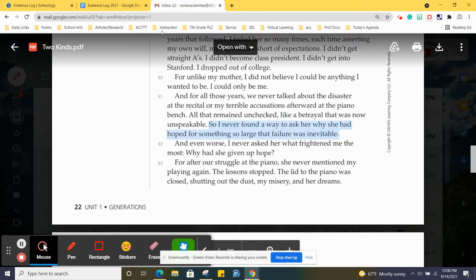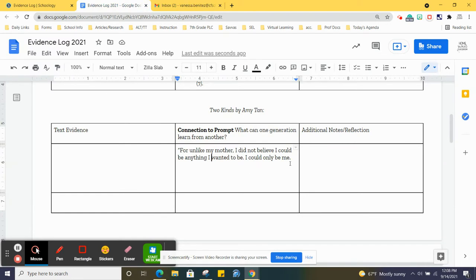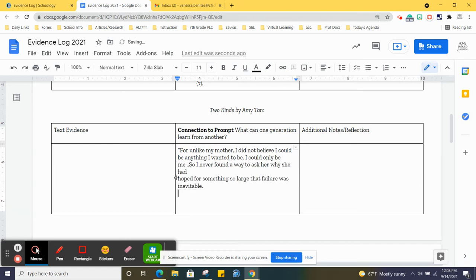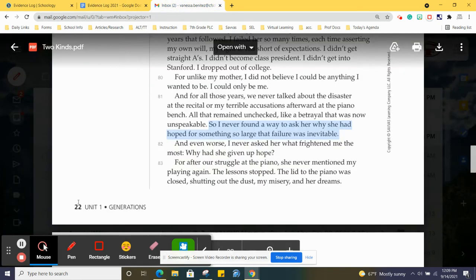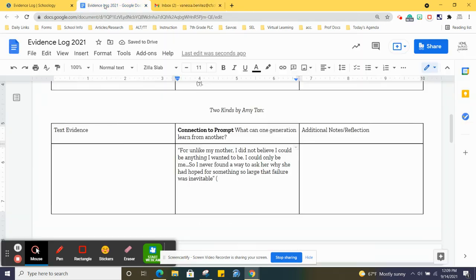Because they're not right next to each other, but they're within the same paragraph, we can do something called an ellipsis, which is a dot, dot, dot, to show that I'm not going to include all of it, but I'm going to include the next part of that paragraph, meaning that it continues. And then we put a quotation mark, parentheses, the page that we found it on, which is page 22, parentheses, period.